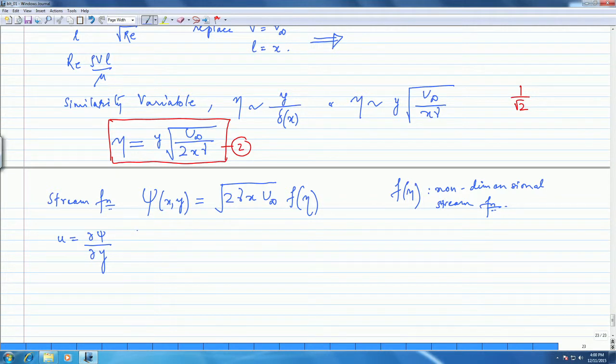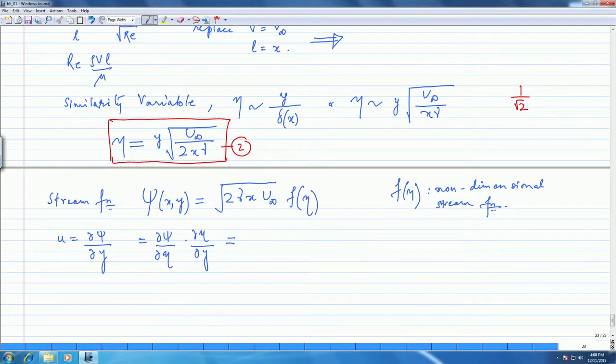In this particular case, psi is a function of x and eta, which by itself is a function of x and y, and of course the coefficient of kinematic viscosity and free stream. So if I do this here, u becomes del psi del eta into del eta del y.